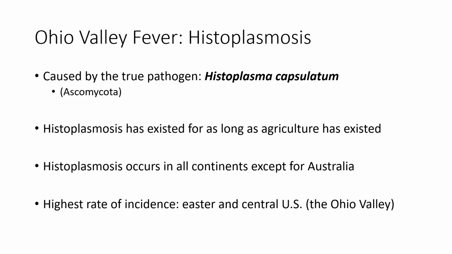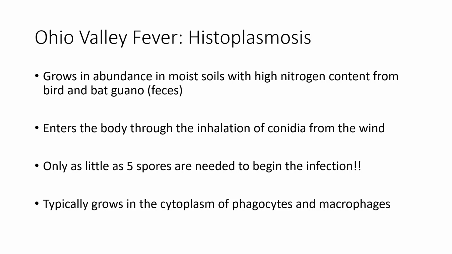But the reason it's called the Ohio Valley fever is just that the highest rate of incidence occurs in the eastern and central U.S., or the Ohio Valley. Okay. It grows in quite an abundance in moist soils that will have a high nitrogen content. And this high nitrogen content comes from bird and bat guano, right?